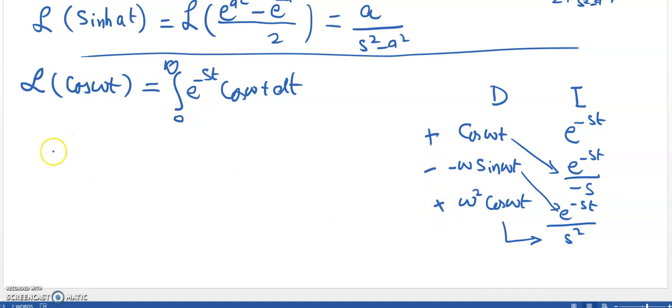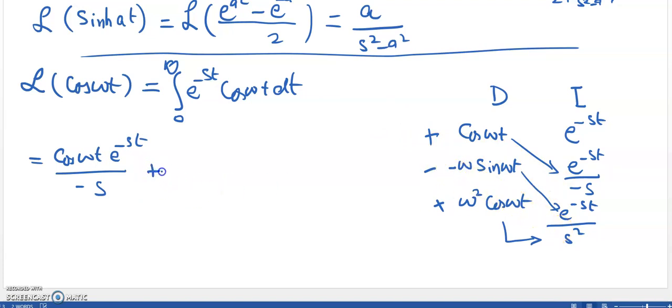Now by this approach we can write it like this. It will be cosine of omega t times e power minus st over minus s. Okay, so it is minus, and then this is minus minus, so it will be plus.